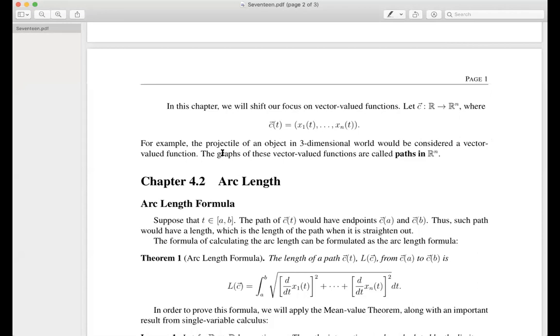For example, the projectile of an object in the three-dimensional world would be considered a vector value function, right?